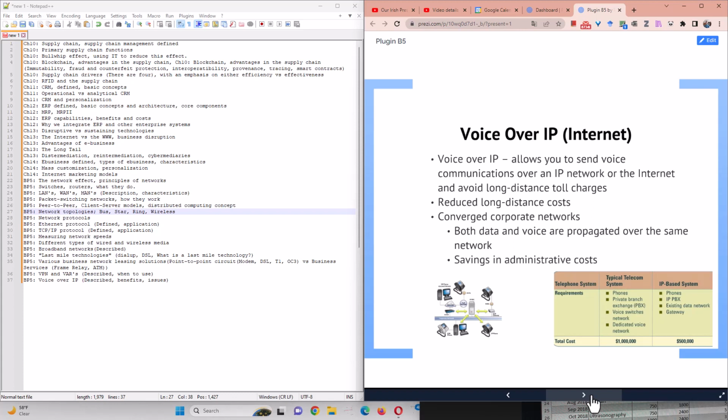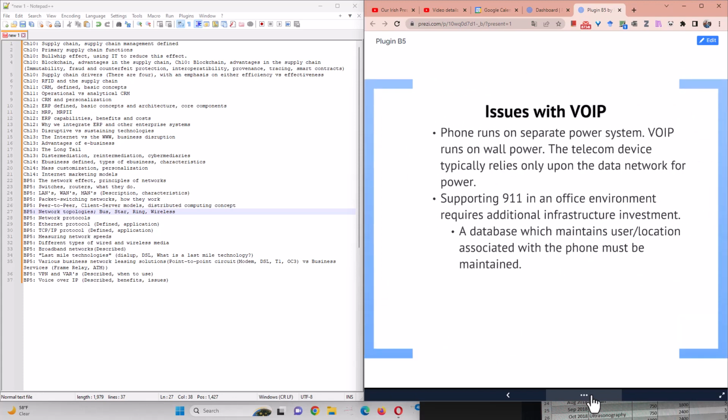There are distinct advantages for that. You go from two sets of wires to one system, and all traffic is going over the data network. There's tremendous savings in administrative costs, because the same person managing your servers is also managing your PBX now, which runs in a server box.